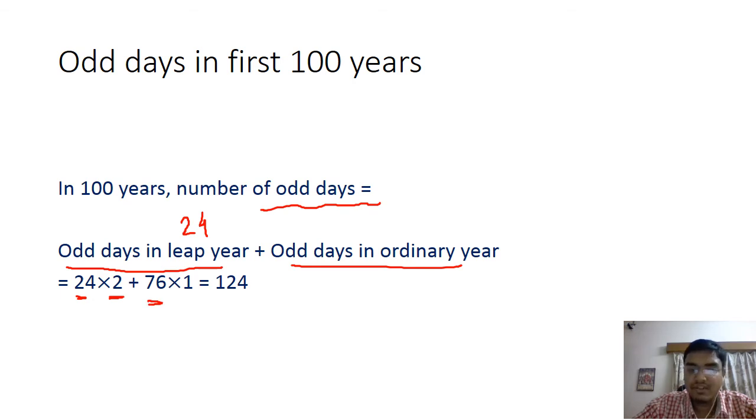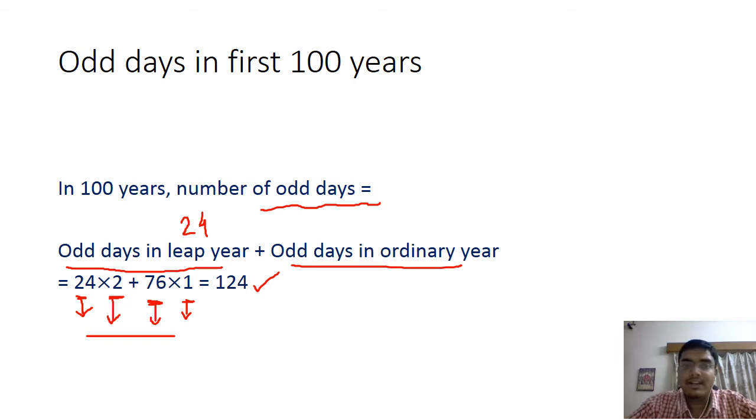And 76 was ordinary years, and 1 was number of odd days given by an ordinary year. So 24 into 2, 2 is the number of odd days given by a leap year, 1 is the number of odd days given by an ordinary year, 24 is number of leap years, 76 is number of ordinary years. So when we add these, we get 124.